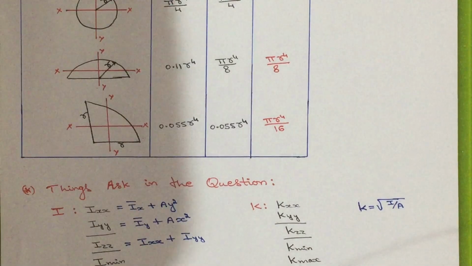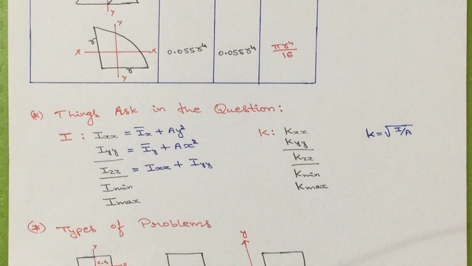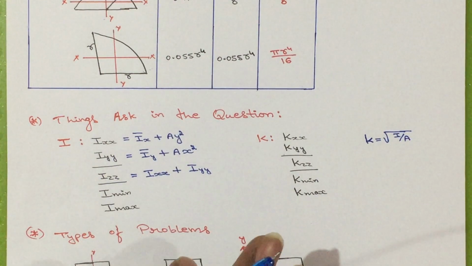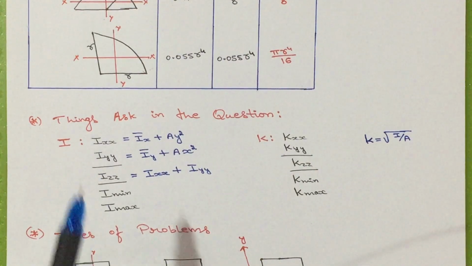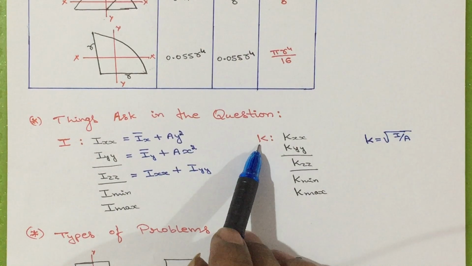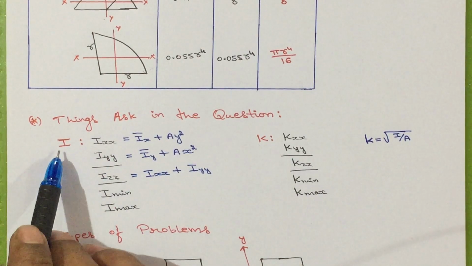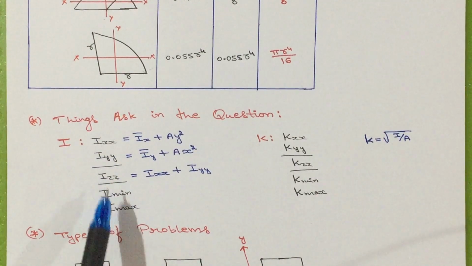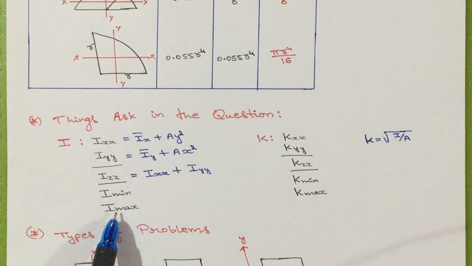Then, which are all the things they can ask in the examination in the question? The possible things. In this unit, they can ask only two things, that is I, moment of inertia, and k, radius of gyration. In I, they can ask Ixx, Iyy, Izz, I minimum, I maximum.